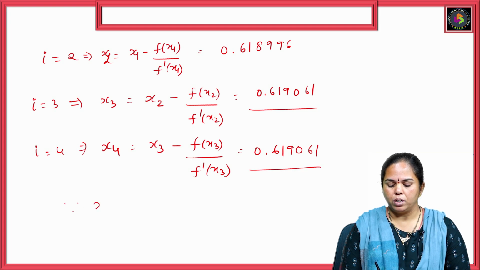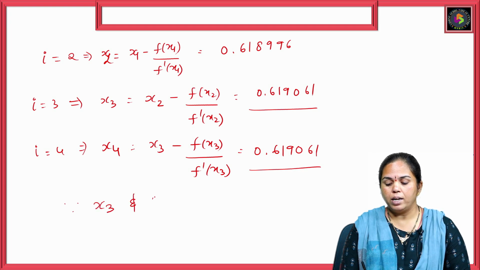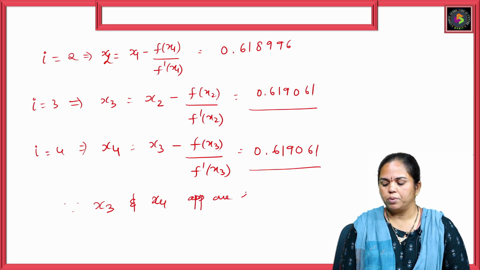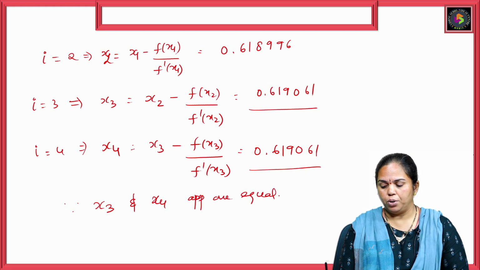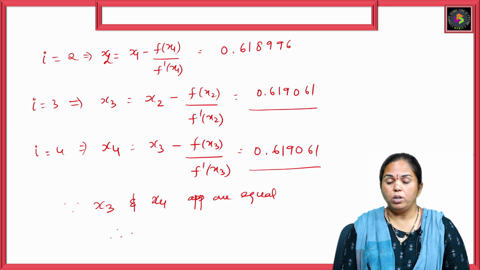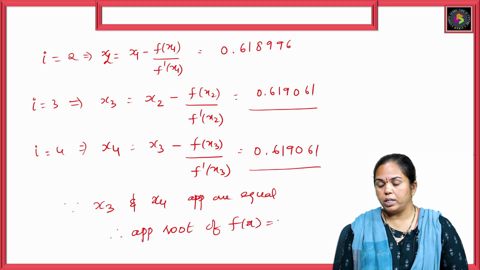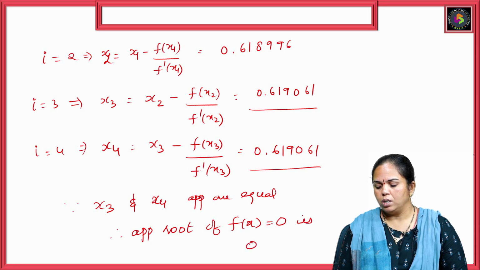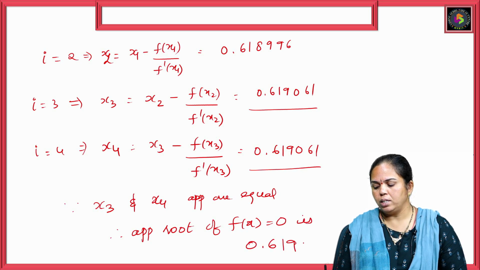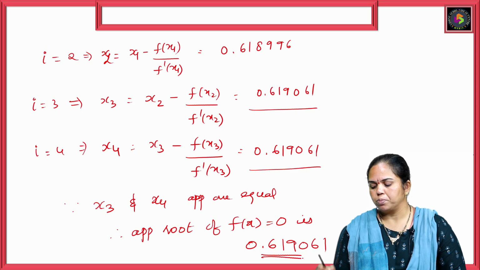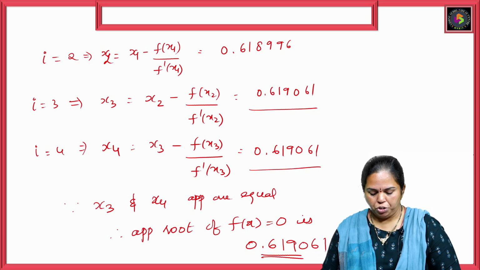Since x3 and x4 are equal, we conclude that the approximated root of f(x) = 0 is 0.619061. So this is the process of the Newton-Raphson method.